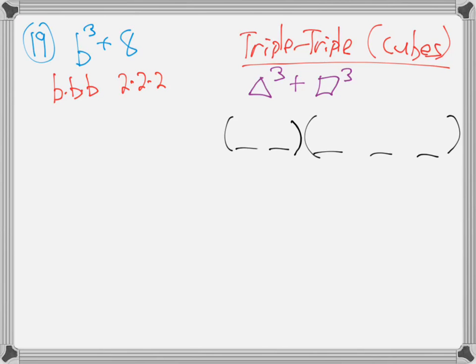All right, and what are those things that go in those parentheses? Well, the triangle cubed means 3 triangles, doesn't it? And the box cubed means 3 boxes, doesn't it? So let me change the color for that, just to be extra clear here. So I'm going to give you the pattern.